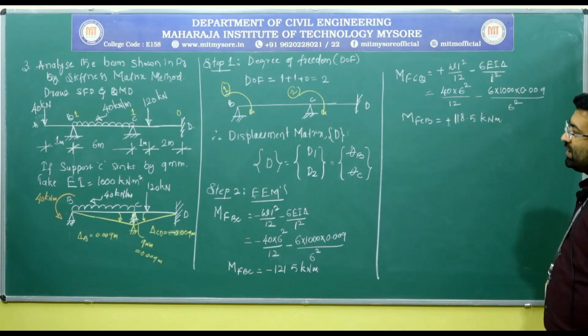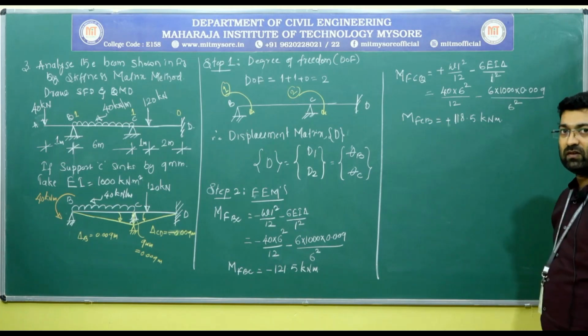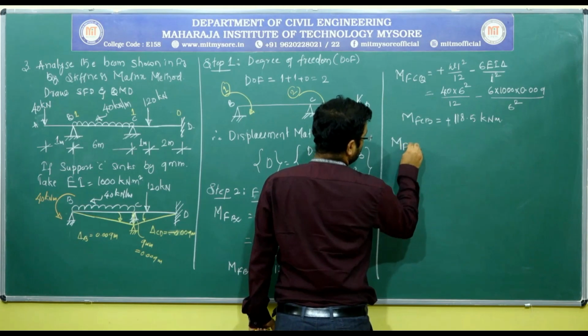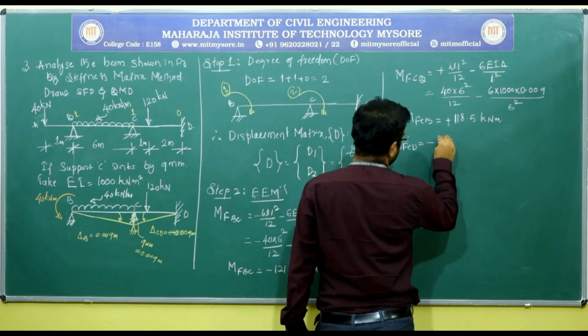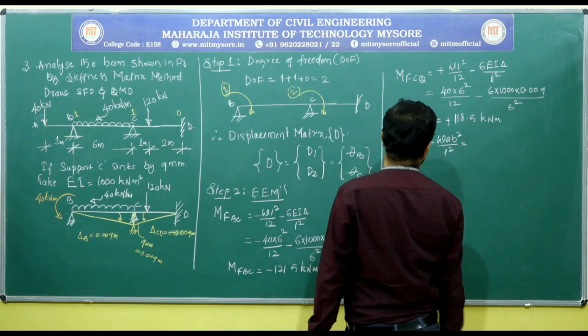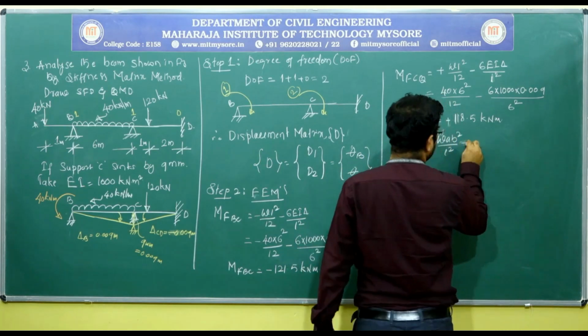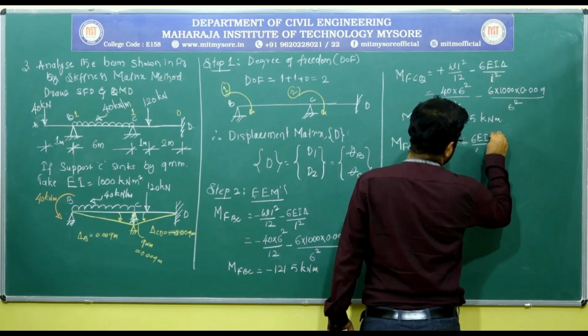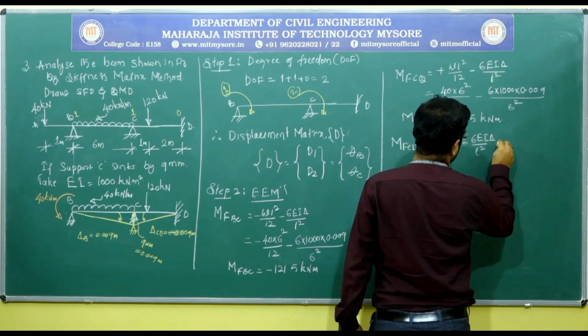Now similarly, I need to work out the fixed end moment for the CD span. MF CD is equal to minus WAB square by L square minus 6 EI delta by L square.